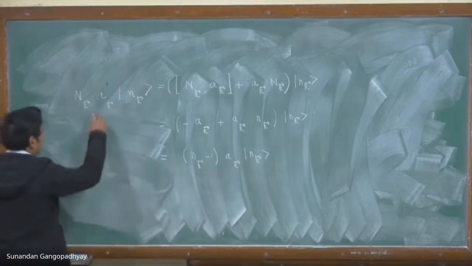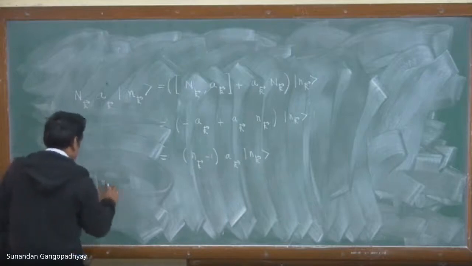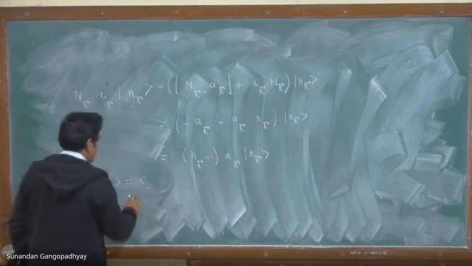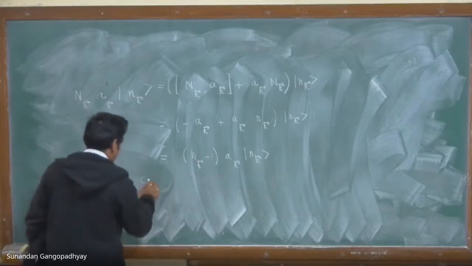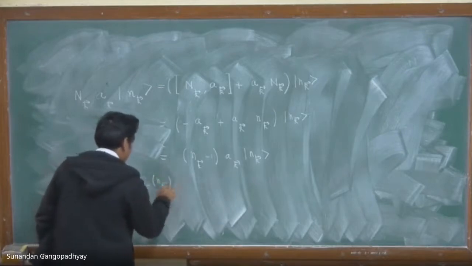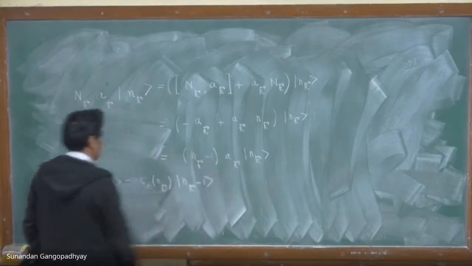And therefore, from here, we can conclude that this state is nothing but some complex number C minus of nk times the state nk minus 1.